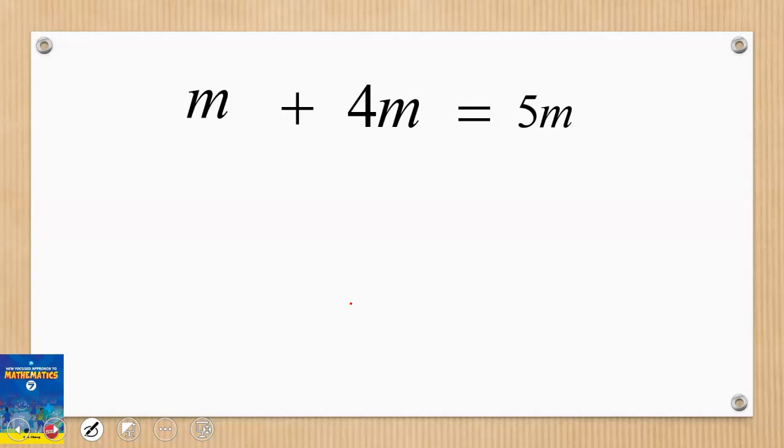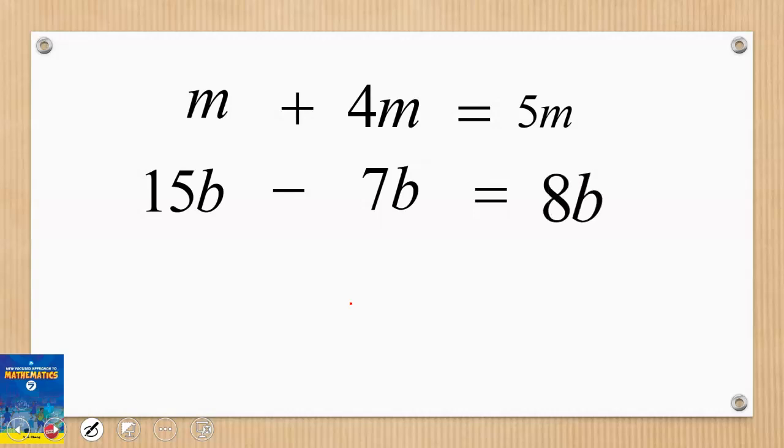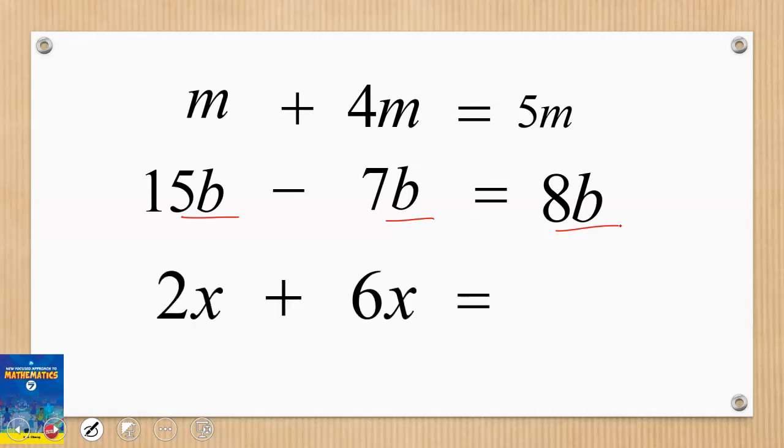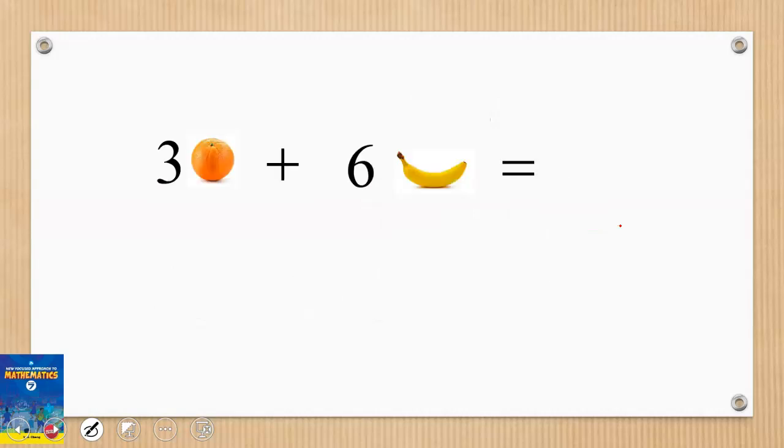So look at how we are now using letters to represent the bananas and oranges and the rest. Then again, if I say 15b, let's say if it's banana, 15 bananas minus 7 bananas will give us 8 bananas. So you can see that I'm using banana, then I represent it by b as well. So if I say 2x plus 6x, then I'm going to say just 8x. It makes sense. Good.